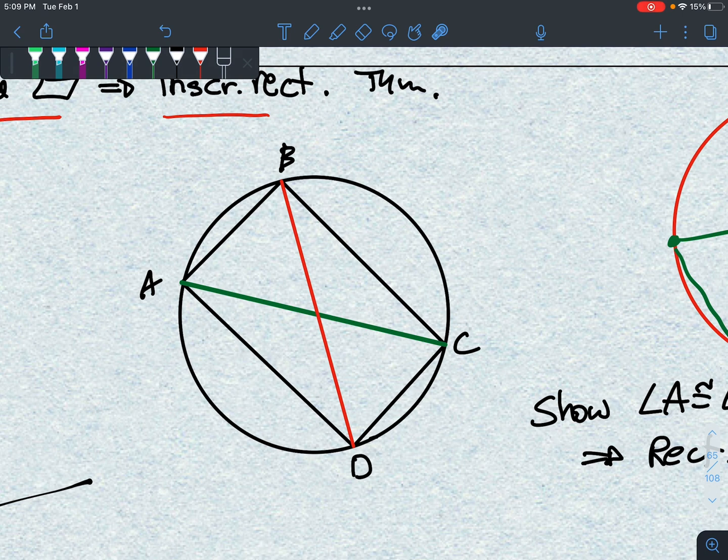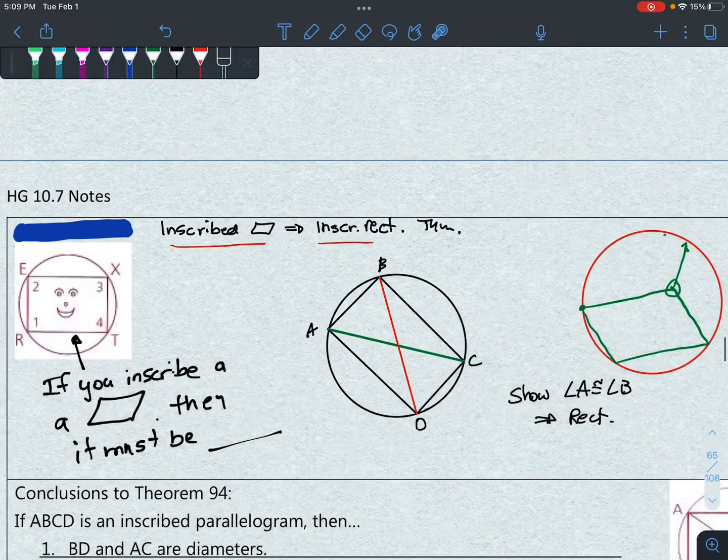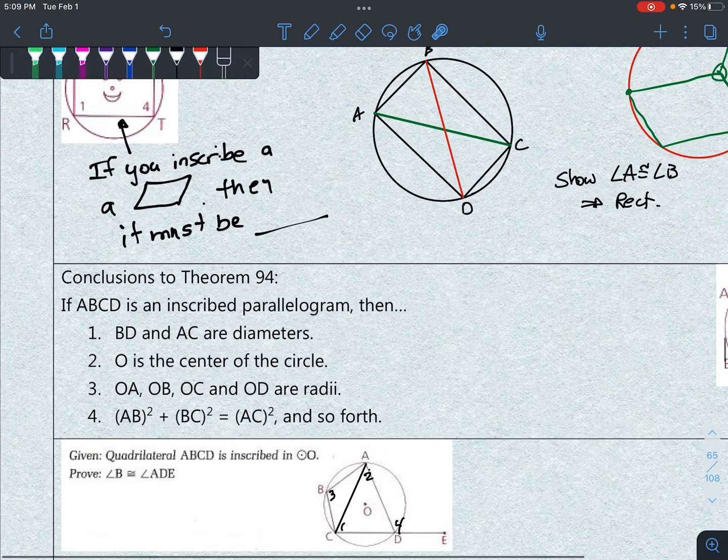So I would just prove that this triangle is congruent to this triangle. And that is pretty easy to show. The tricky part is to show that this is congruent to this. But it's not difficult to do that. But like I said, I'm not going to bore you with those details on that proof.